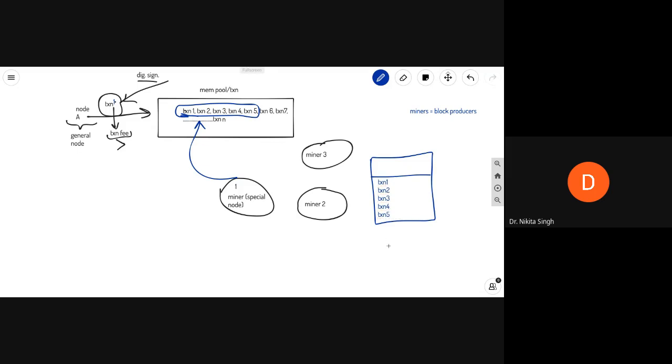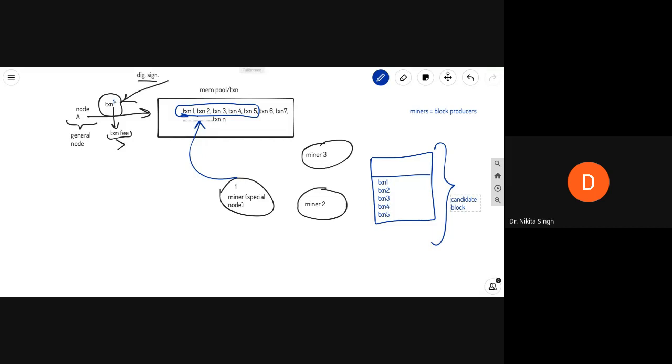So our miner decides to include 5 transactions in his block. Now this block is not added to the blockchain. He has only decided to include these 5 transactions in his block. So now this block is known as the candidate block. A candidate block consists of all those transactions that a miner sees fit to include as part of the block.